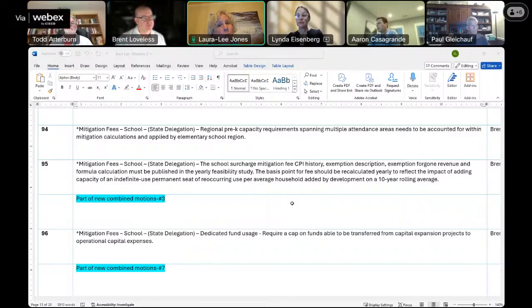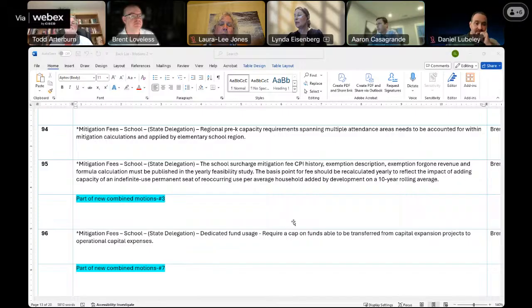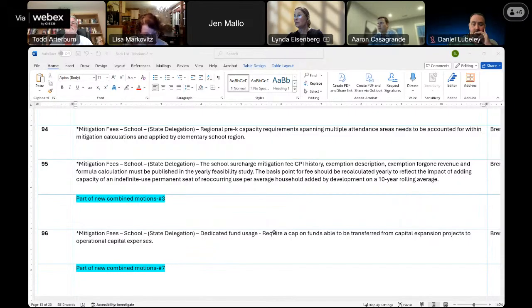So I'm going to say no because it's not mandated. Mr. Lovelace, yes. Mr. Lubley, no. Ms. Mallow, no. Ms. Markovitz, I do prefer it relating to capacity because I think that's data that we can get easier, but I'm going to say yes.